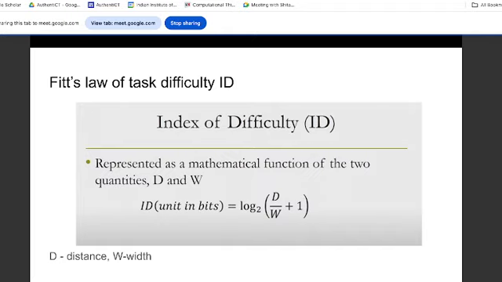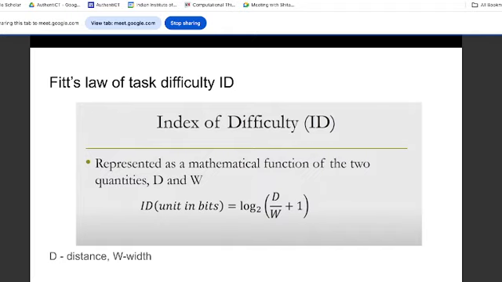Thank you for waiting. This index of difficulty is represented as a mathematical function of two quantities, which we already talked about in the previous slide: the distance and the width of the object. The distance at which the object is placed and the width of the object. You can see that width is in the denominator and distance is in the numerator. So the index of difficulty will be higher if the object is at a far away location, and if it is nearer, the index of difficulty will be lower.